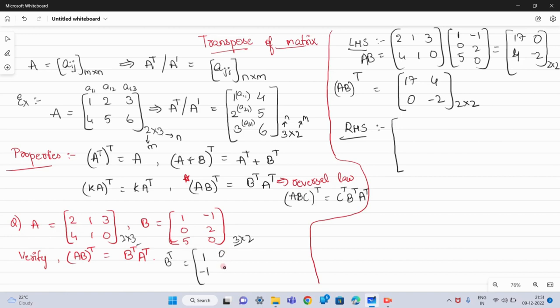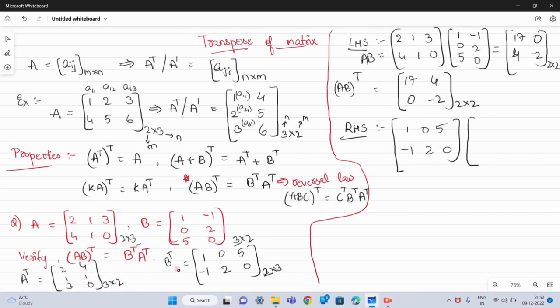Second row, second column. Third row, third column. Okay. It becomes 2 cross 3. Now just write here 1, 0, 5, minus 1, 2, 0. Again similarly write the A transpose. First row becomes first column, second row becomes the second column, and it becomes 3 cross 2.